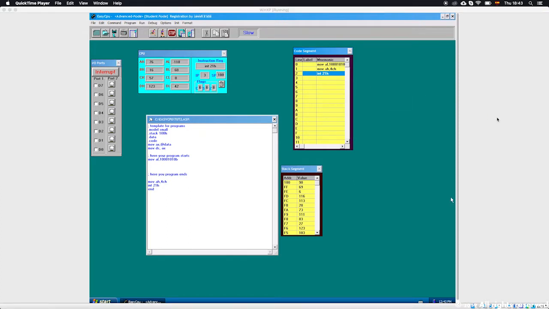Why do I have negative 118 when what I should have had here is negative 10? If we put a 1 at the end and represent it as a signed decimal, we should have had the representation of negative 10 in the register.